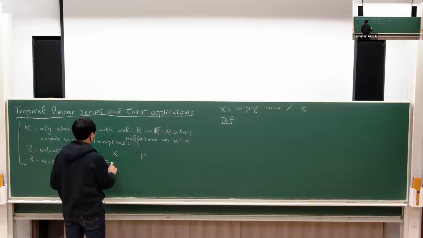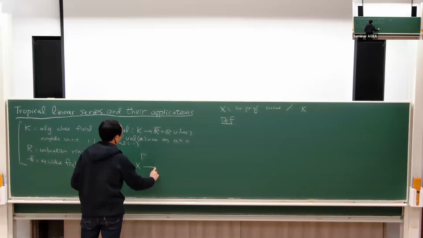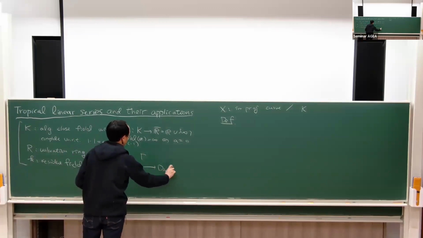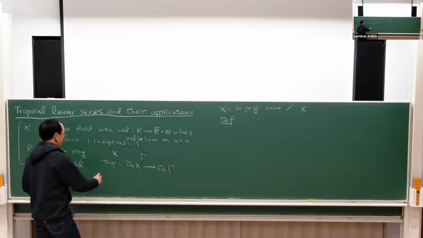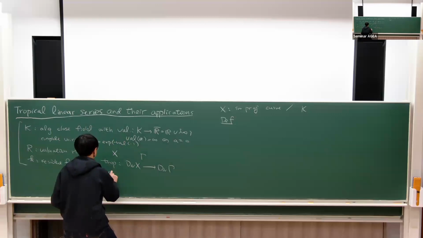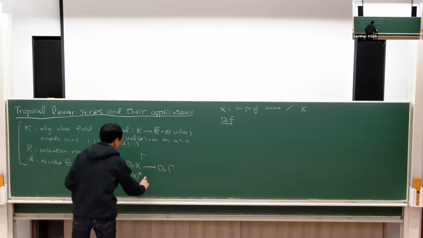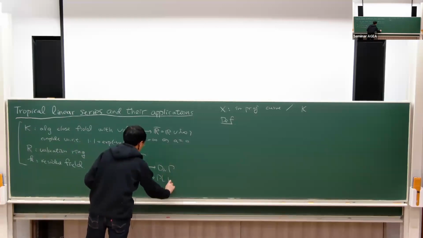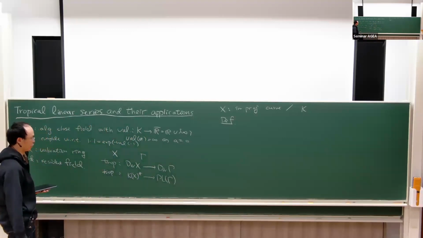We have two different tropicalization maps. The first one is from divisors on X to divisors on this metric graph. And we also have the tropicalization map from non-zero rational functions to piecewise linear functions with integral slopes on this metric graph.